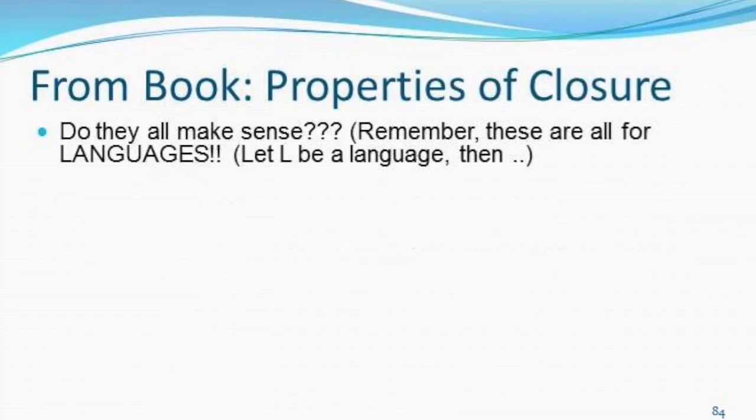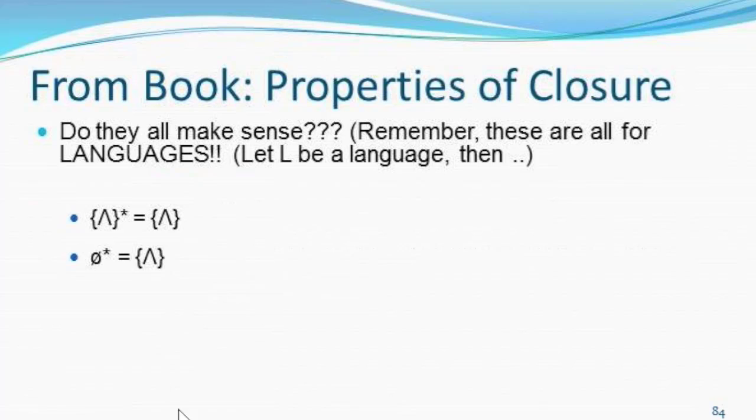So now I'm just going to list several properties of closure that I got straight out of the book. And your job is just to make sure that they make sense to you, right? Look at them and say, yeah, I kind of believe that. You don't actually have to prove them all, but I just want you to say that in your gut you kind of get it.